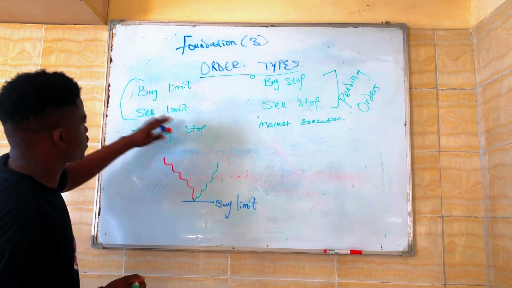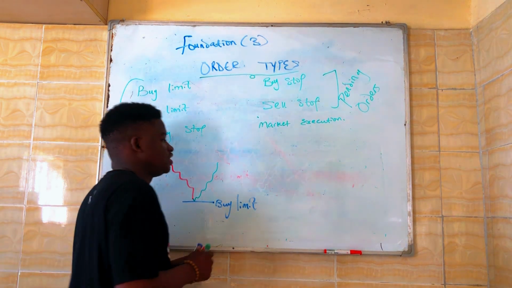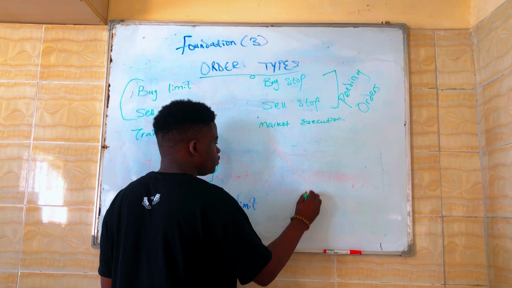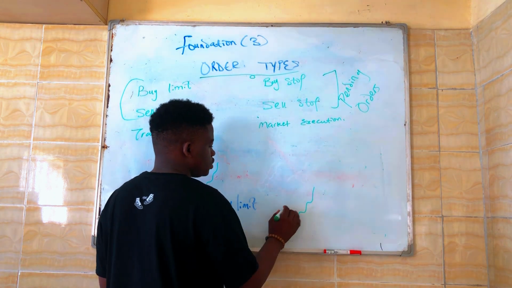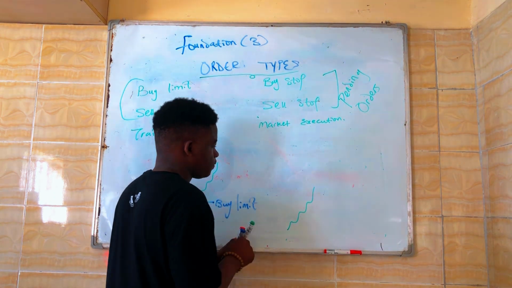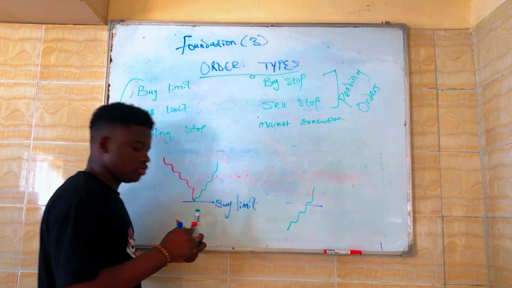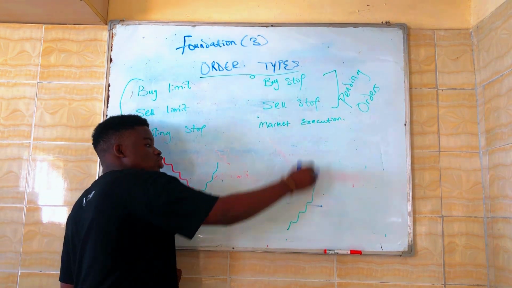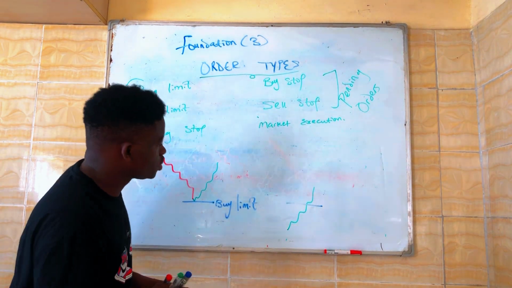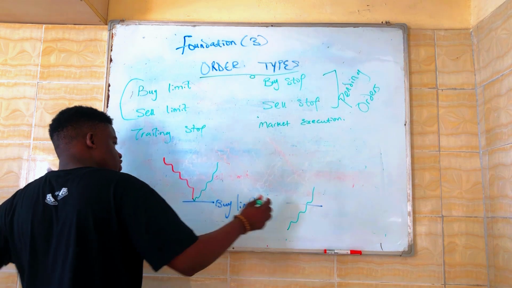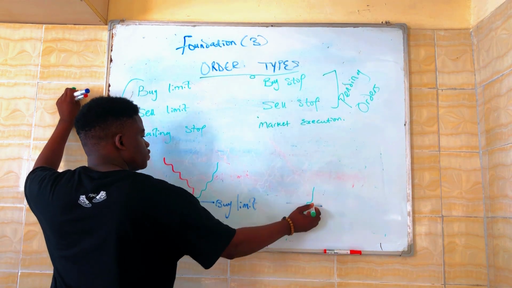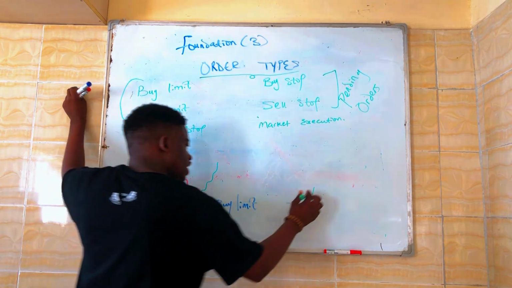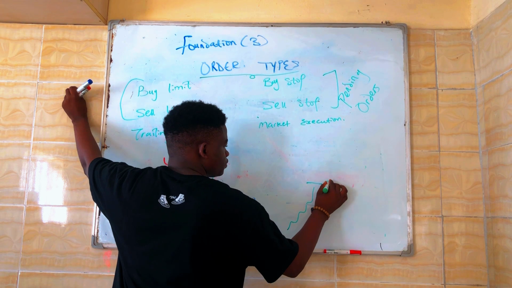Now, just like the reverse of sell stop, buy stop is still a continuation. Let's say price is going up and there's a region around here. You want price to break through to be sure if it's going to reverse or it's going to keep going up, right? So price comes and then breaks through that region and still keeps going up to the upside. Now what you can do is to book a buy stop here.